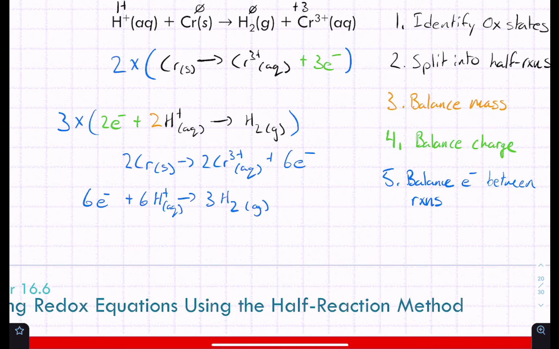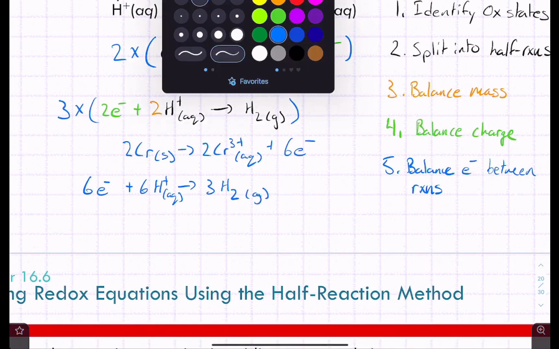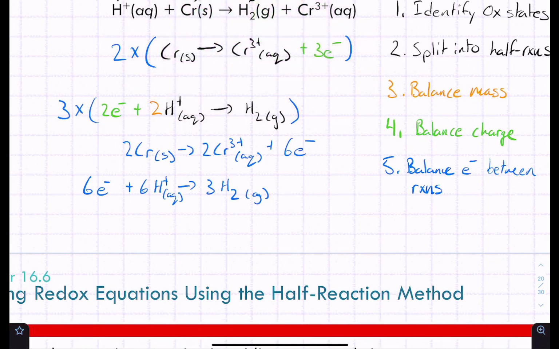So we're multiplying the coefficients all by either 2 or 3, depending on the reaction. Let's see, I think this color works. The 6 is only slightly different from that blue. The 6 is like a very bright pink on my screen.